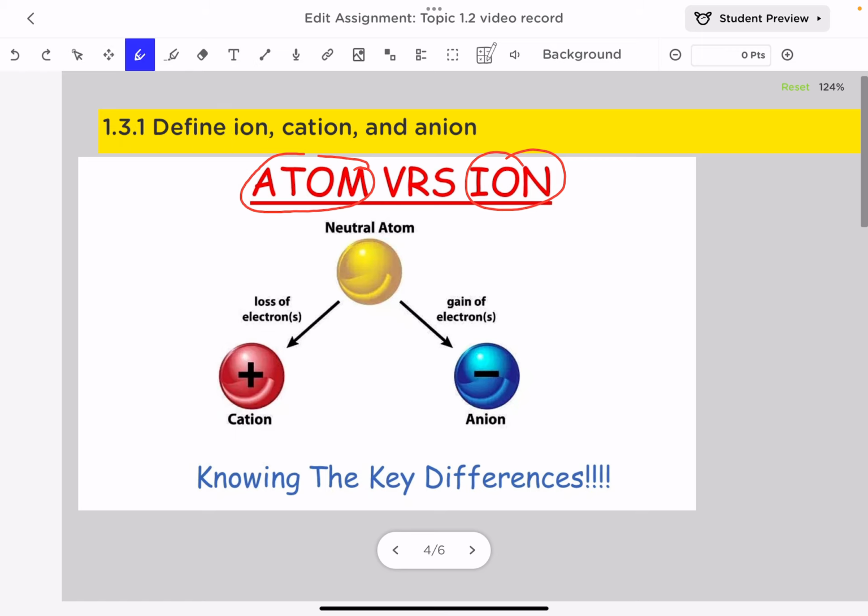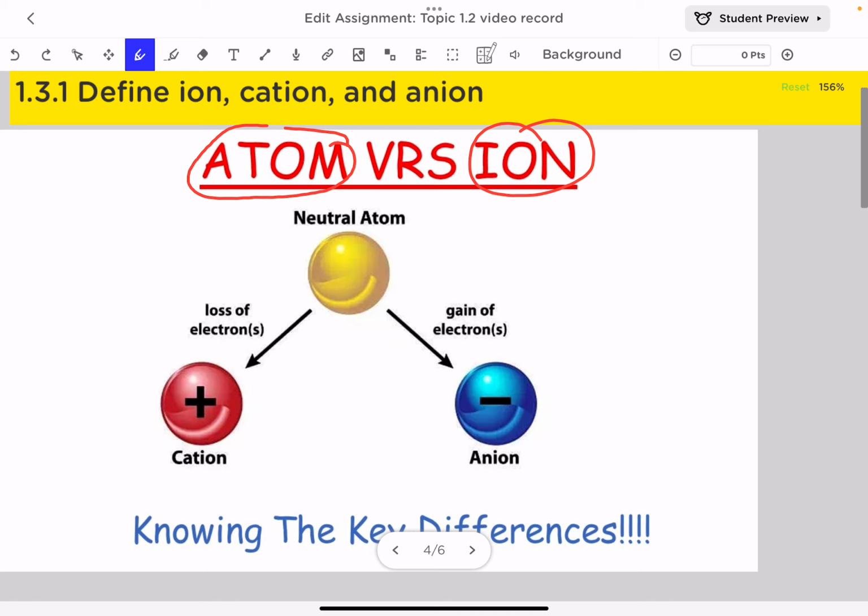An atom is a neutral particle in which the number of electrons is equal to the number of protons present in the atom. So the number of electrons is equal to the number of protons. And usually for an atom, next to the symbol of the atom, you will not see a plus nor a negative.